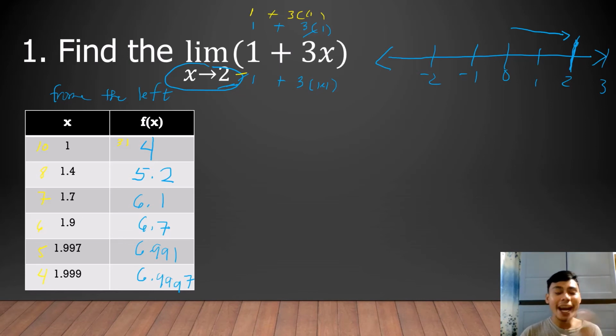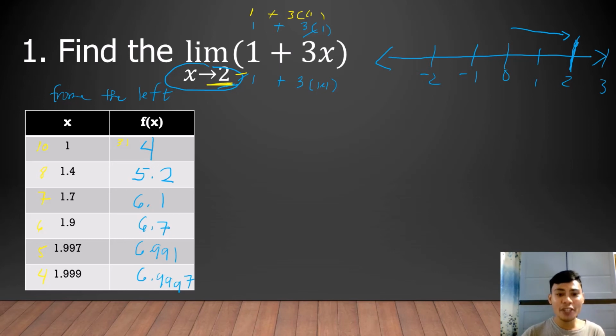So, if I were you, you choose the closest points of our constant. Okay? So, you may say, yes, arbitrary po ito, pero dapat magpili ka na ng pinakamalapit na points.